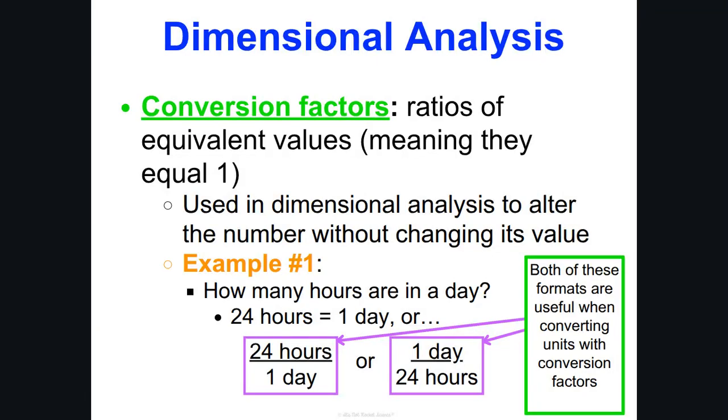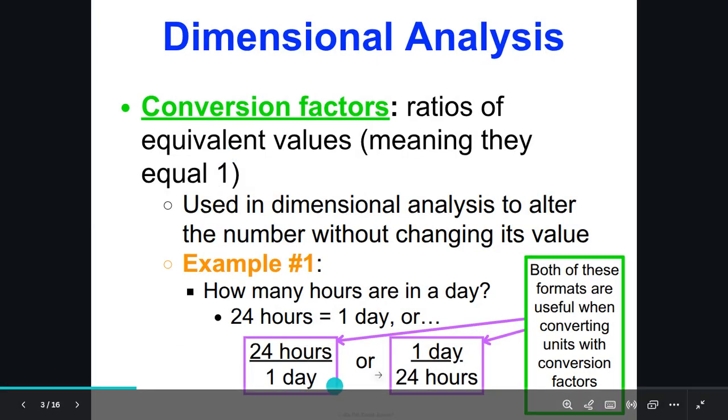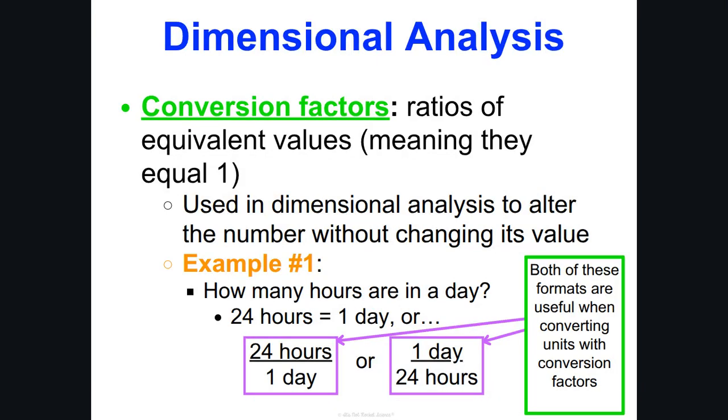For example, if we wanted to know how many hours are in a day, well, we know that 24 hours are in a day, or we could say 1 day equals 24 hours. Those are both different units that we're using to measure, but they both measure time. So we could say it as 24 hours equals 1 day, and you could see that right here, or 1 day equals 24 hours. Both of these formats give us a different way of saying it, but it's still equivalent.